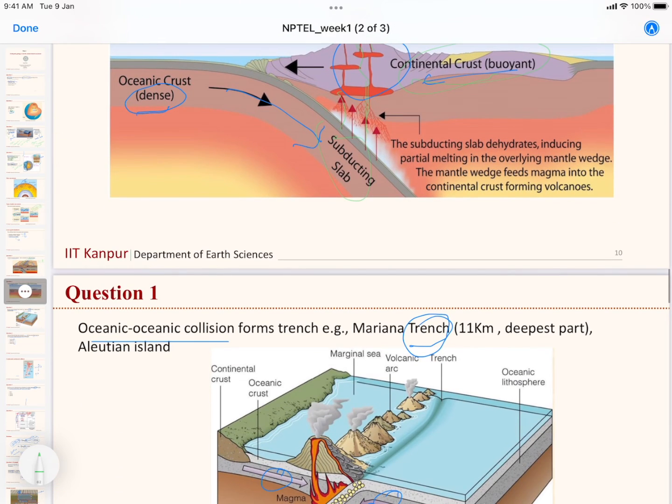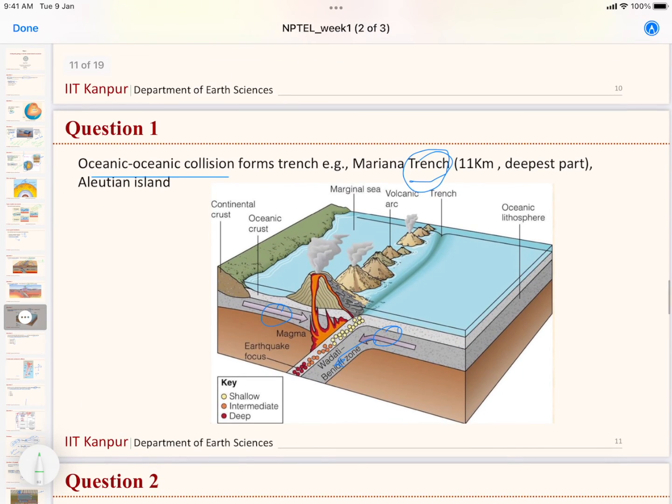Now the last type of collision is the oceanic-oceanic collision. Since both plates are dense, the oceanic crust which has a higher density as compared to the other oceanic crust will get subducted under the oceanic crust which has a lesser density.